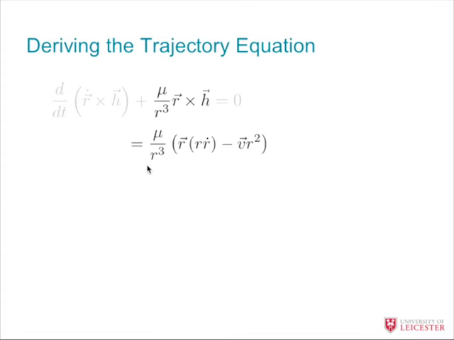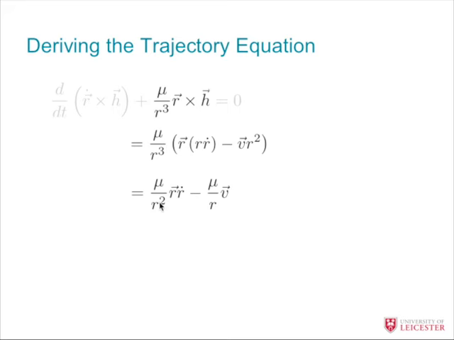You can see now that when I expand this out, I'm going to get 2 terms. The first one is a term which includes an r, that's a scalar r, and 1 over r cubed, so I'm going to get a term in 1 over r squared here, and the second term includes an r squared and a 1 over r cubed, so I'm going to get a term in 1 over r.